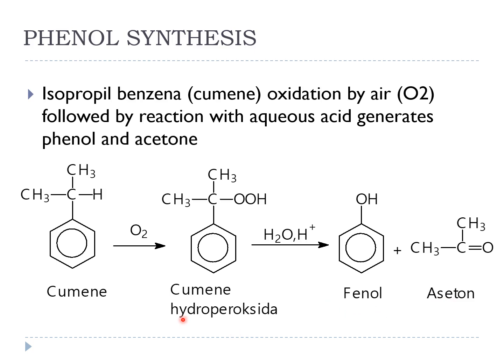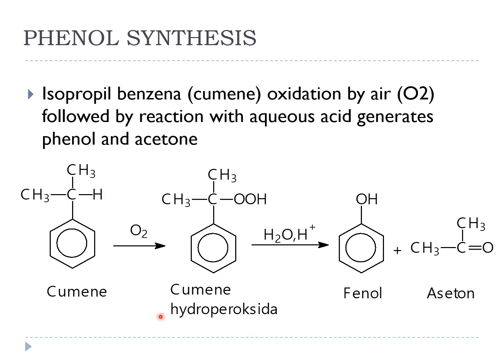So cumene production from isopropyl benzene is conducted by oxidation by air or oxygen, followed by the reaction with aqueous acid, and then will form phenol and acetone. Remember, the oxidation of isopropyl benzene, cumene, by air, oxygen, will produce cumene hydroperoxide.